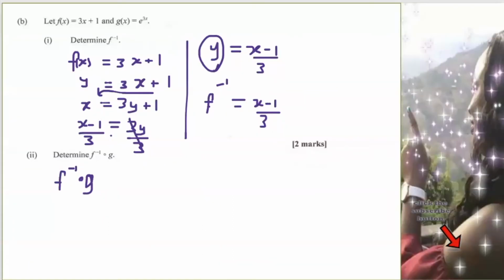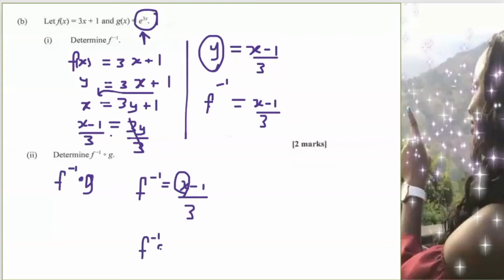So I will have x minus 1 over 3, that's the inverse function, and I'm replacing x with the e to the 3x that I have here. So the answer for f inverse of g is equal to e to the power 3x minus 1 over 3. And that's it.